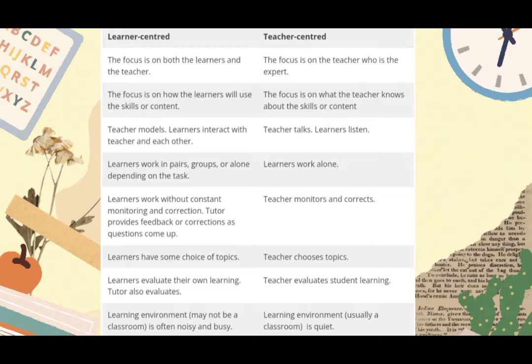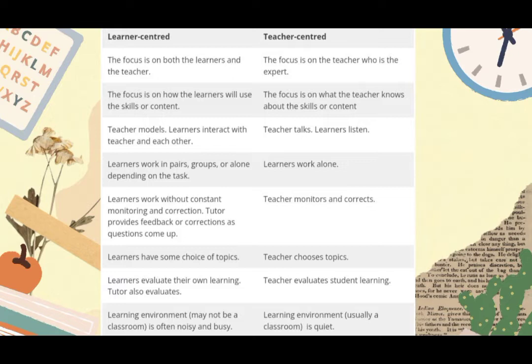In the learner-centered approach, learners have some choice of topics, while in the teacher-centered approach, the teacher chooses topics. Learners evaluate their own learning, and the tutor also evaluates, while in the teacher-centered approach, the teacher evaluates students' learning. The learning environment may not be a classroom and is often noisy and busy.